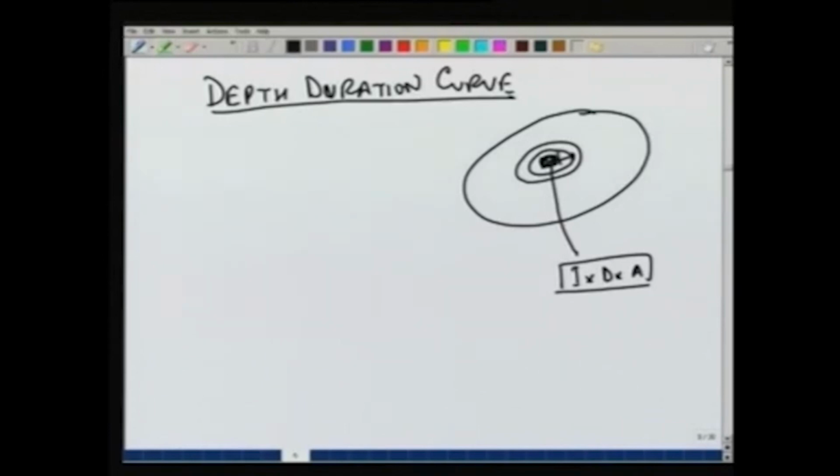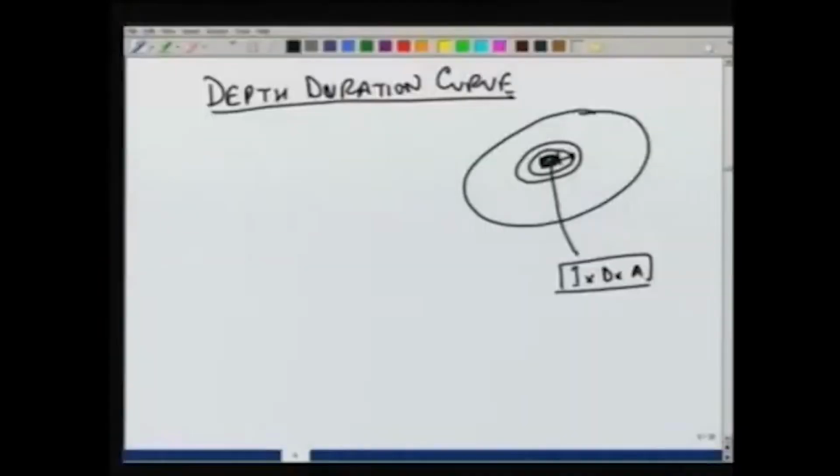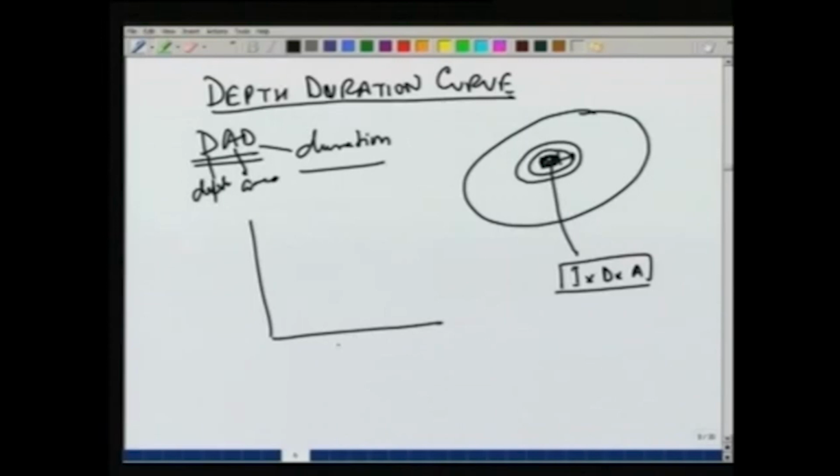So, in order to know how the depth is affected with the area, we have these depth duration curves or depth area duration curves, commonly known as DAD curves, depth area duration, and what it shows is a curve where area, typically in square kilometers, versus some depth of rainfall.